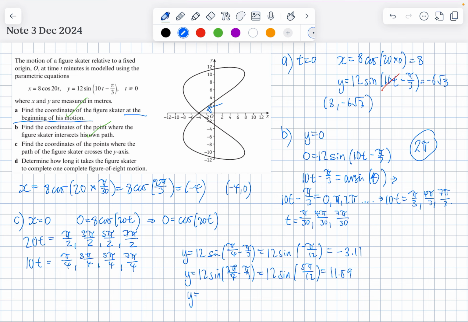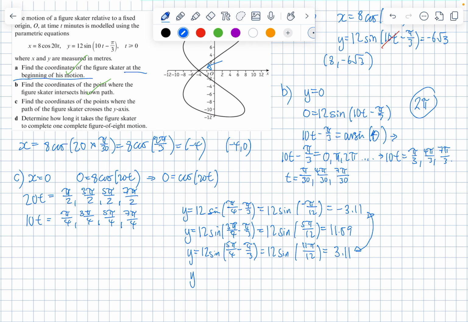Now we've got y equals 12 sine 5 pi over 4 minus pi over 3, and that's 12 sine 11 pi over 12, which is 3.11, and you can see these are symmetrical.